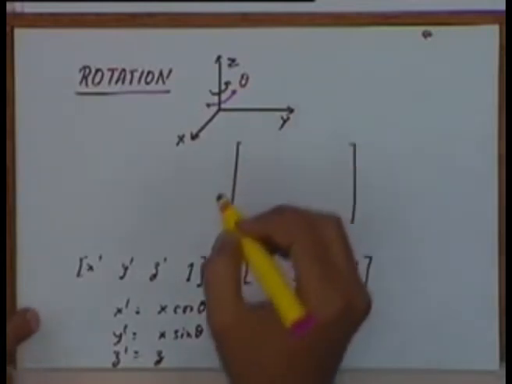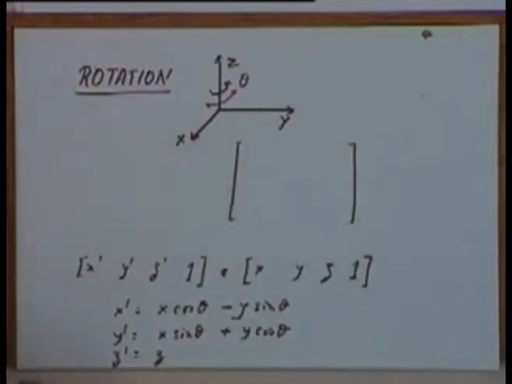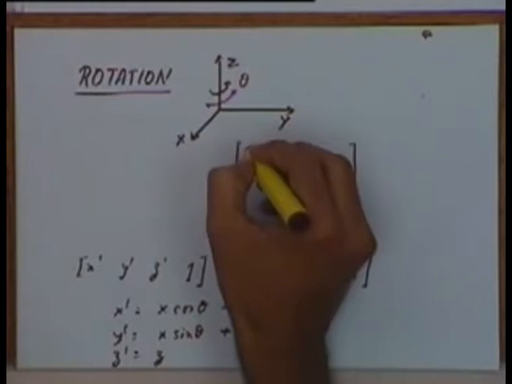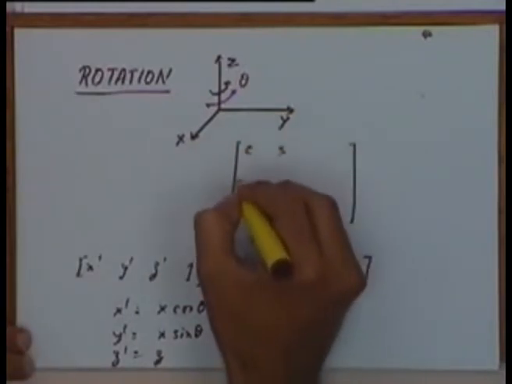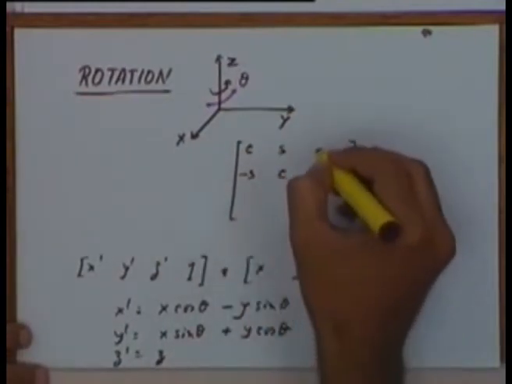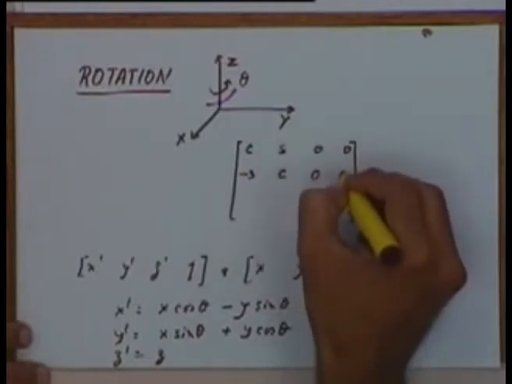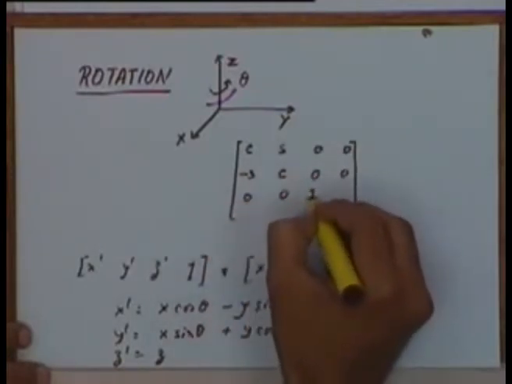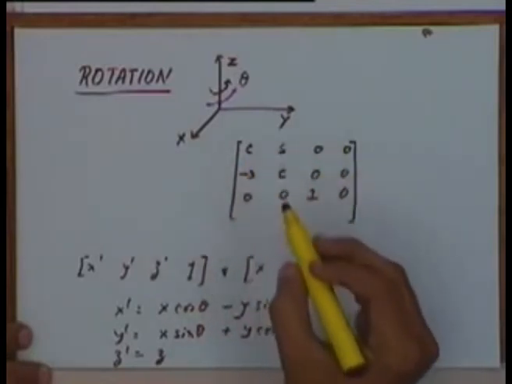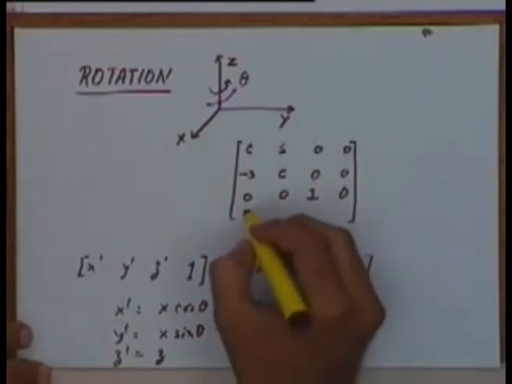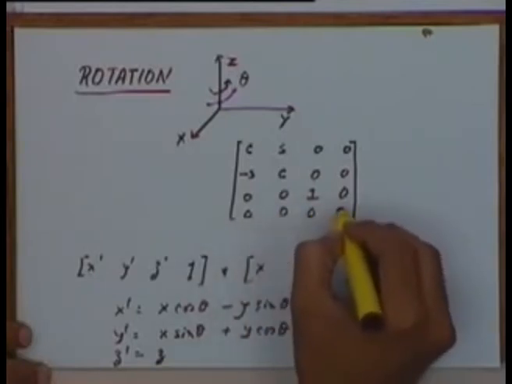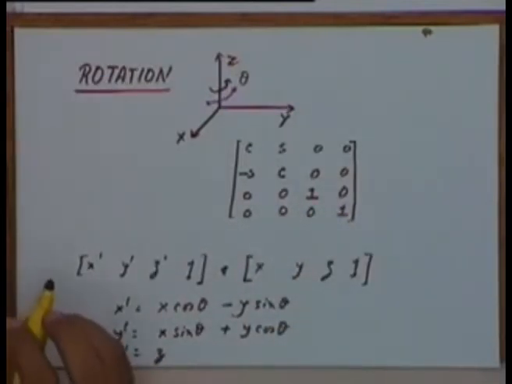So the transformation matrix for this case, where C stands for cos theta, S stands for sin theta, is this.